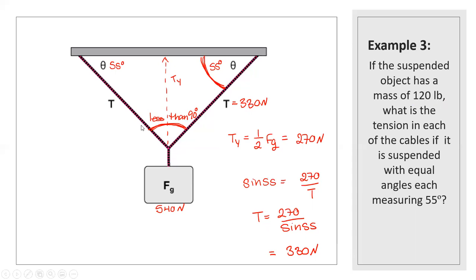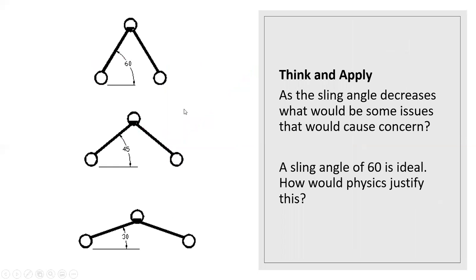Whereas if we're less than 90 degrees, like in this case, with an included angle of 70 degrees, it keeps less tension on the cable. These are some of the practical reasons why we lift the way we do.